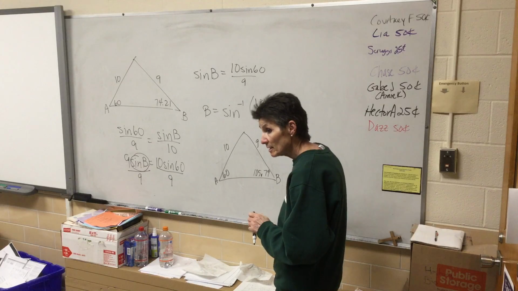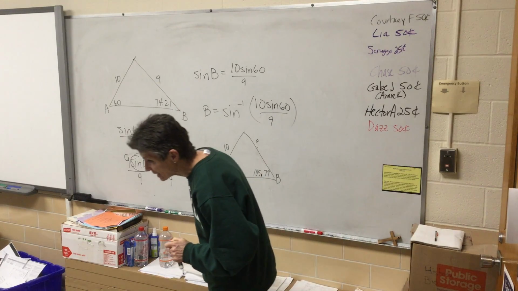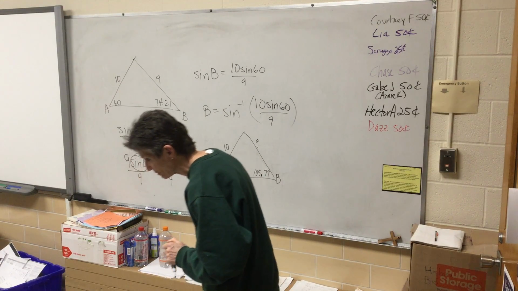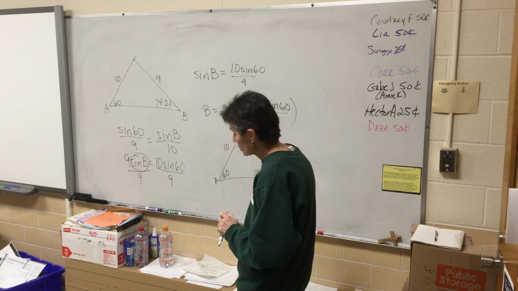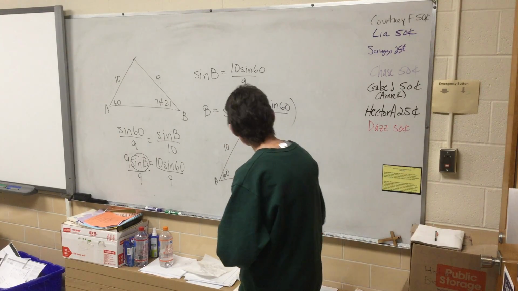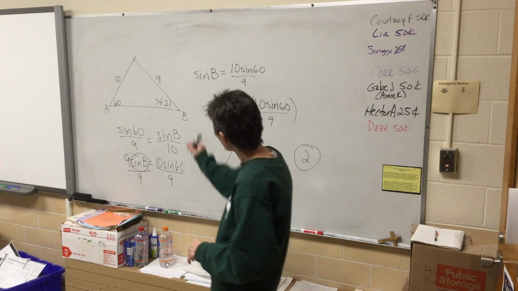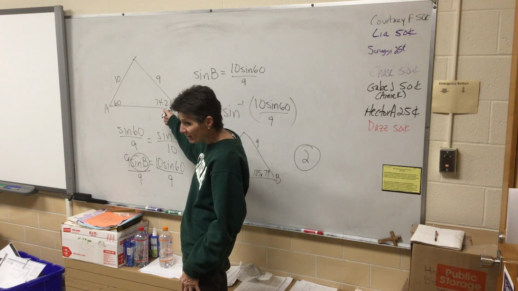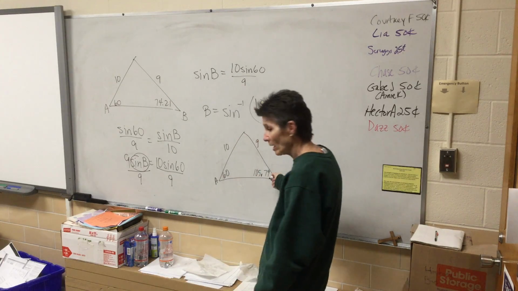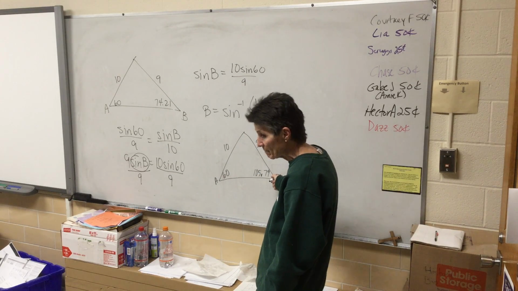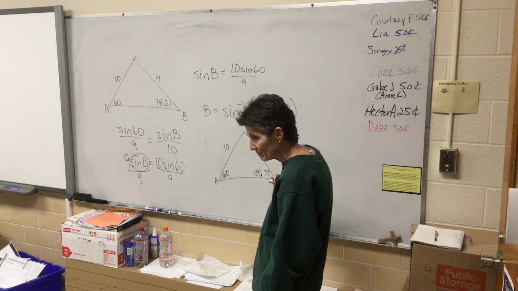Yes, because the only way it doesn't work is if it's more than 180. So that works, which means you have two triangles. You have the one with the original angle, and then you have the one with the 180 minus the original angle.